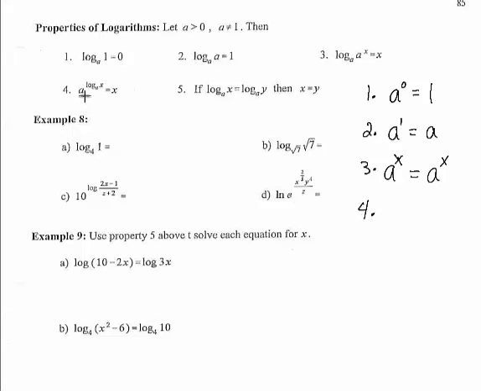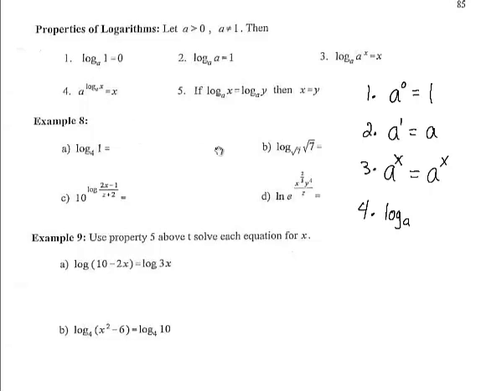4, a to the power, here we have an exponential sort of mixed with the log, a to the power of log base a of x equals x. Okay, so if we write a log, the base of the exponent here, so the fourth one, the base is a, so we write log a, and then we have, let's see, the log equals the exponent.